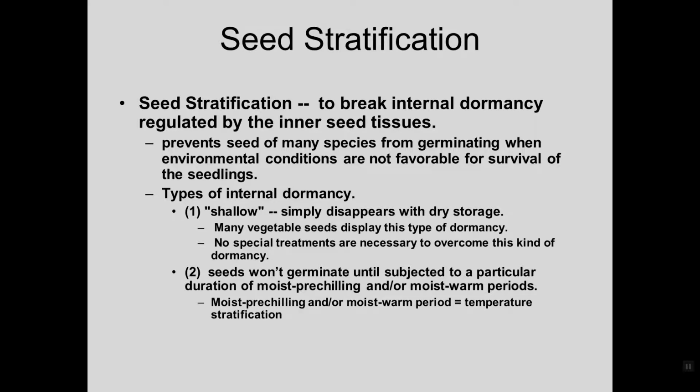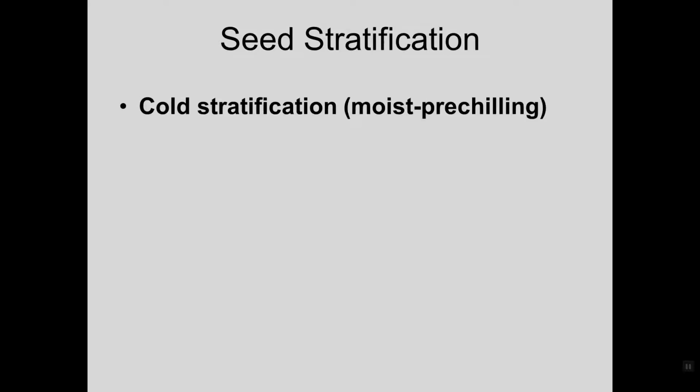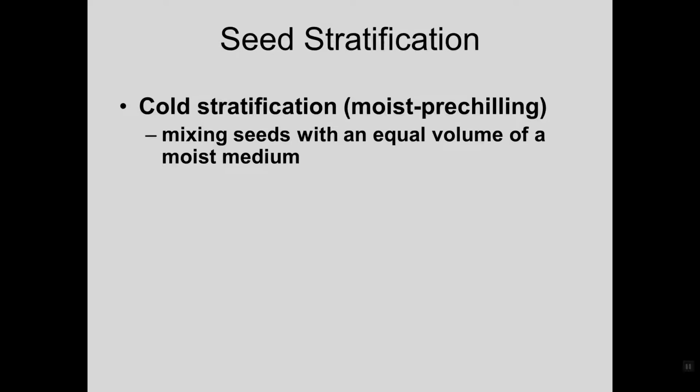That's temperature stratification. Cold stratification, one of the most common here in North America. A lot of our plants are cold dormant, and you can mix the seeds with some kind of moist media and put them in the refrigerator for a period of time.